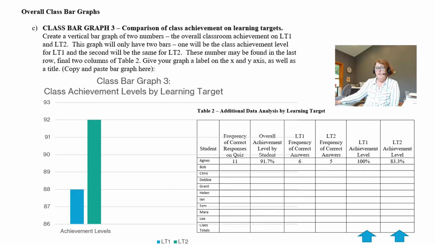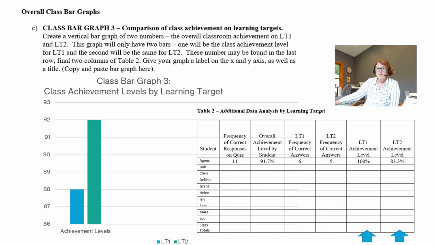So if you imagine that the class got an 88% overall correct on learning target 1, and the class got overall a 92% correct on learning target 2. Again, these are just dummy numbers I've made up so that we'd have something to show that they did better on learning target 2, and that's what these 2 bar graphs would represent. But that's sort of how this graph has to look.